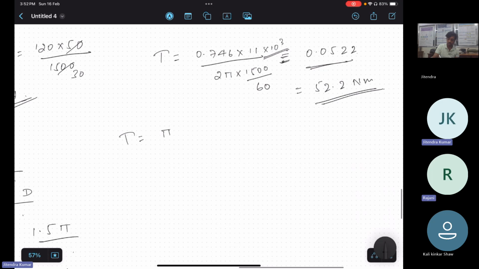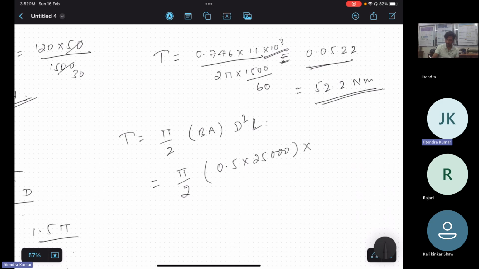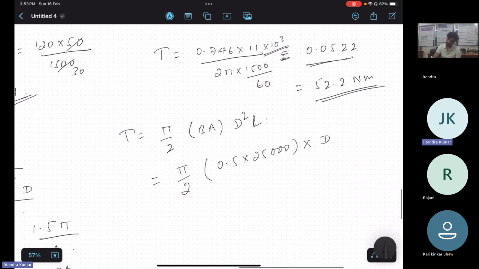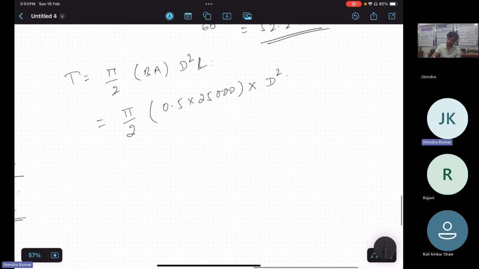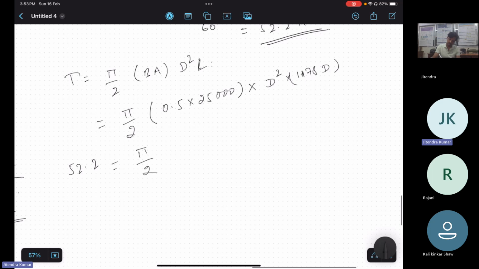Now torque is pi by 2 into B into A into D square, and L further we can write in terms of D, that is 1.178 D. So 52.2 we can equate with pi by 2 into 1.178 into D raised to power 3.